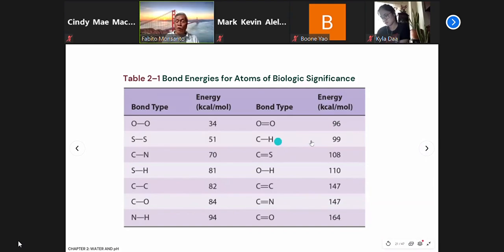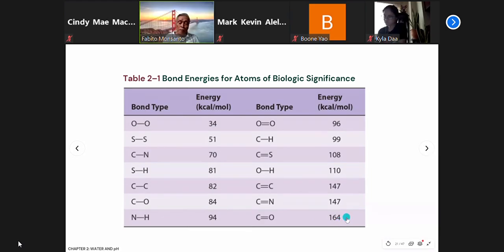Carbon to hydrogen, 99. Carbon with double bond to sulfur, 108. Your OH bond requires 110 kilocalories. Double bond between two carbons, 147. Similar to carbon double bonded to nitrogen, 147. And the strongest of these bonds shown is your carbon to oxygen bond, requiring 164 kilocalories.